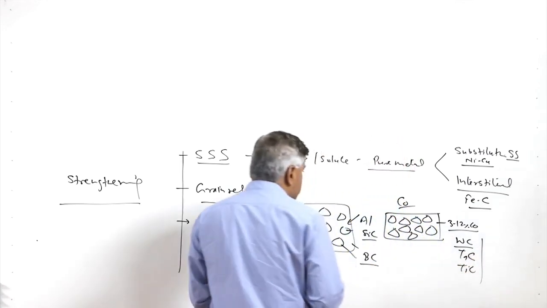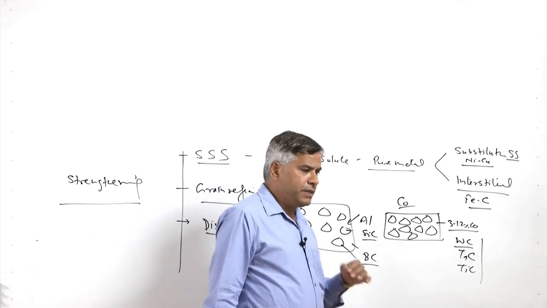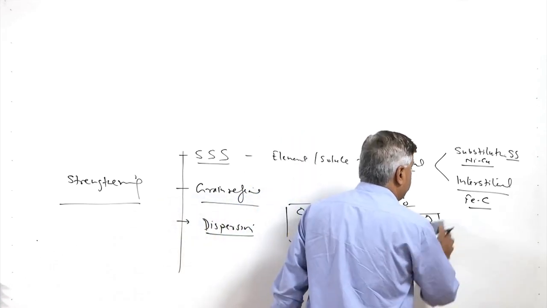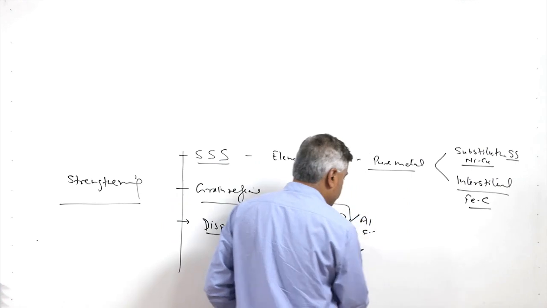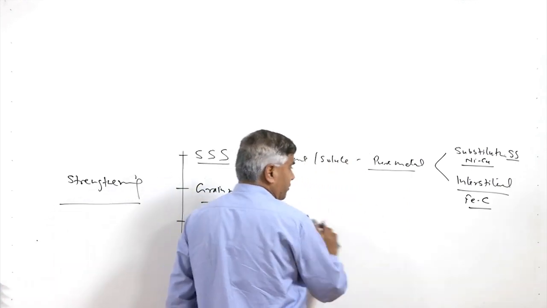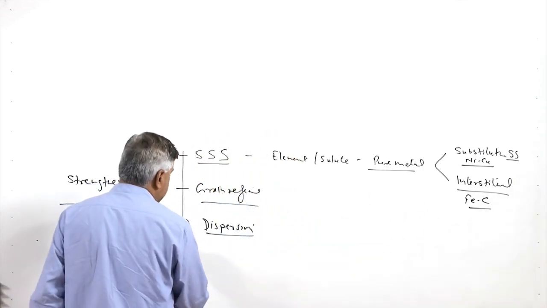In this case every constituent retains its identity and properties, while good bonding of the matrix with the reinforcing agent helps to achieve those properties which otherwise cannot be achieved individually by each of the constituents. So, these are basically the typical composite materials.